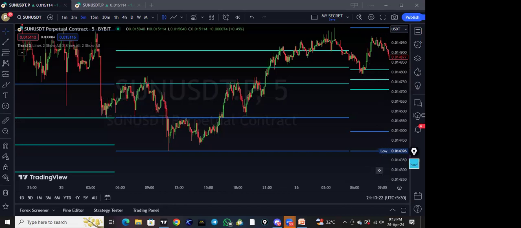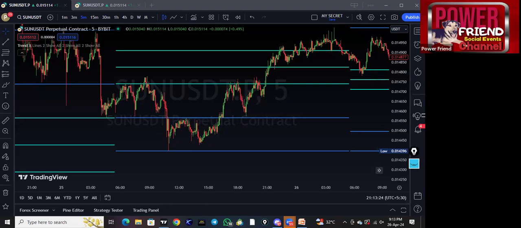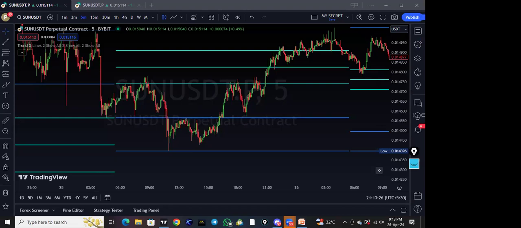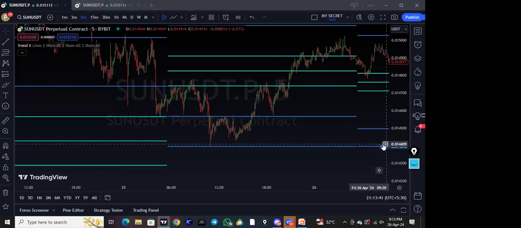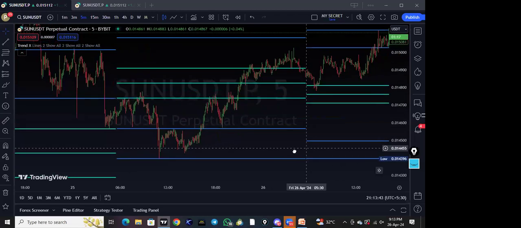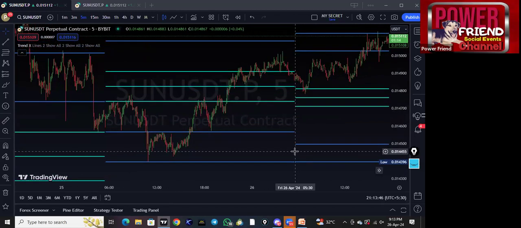So if you're ever unsure of what position or where your entry should be, go into the manual section in the Discord and take a look at the high win rate setups. They match these almost to a T. So they're there every time.